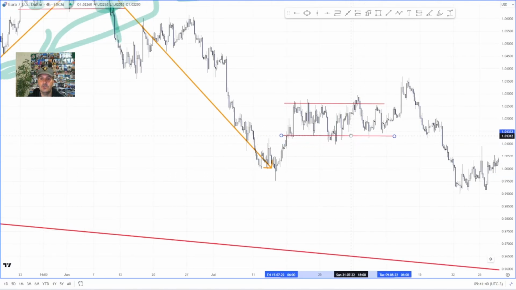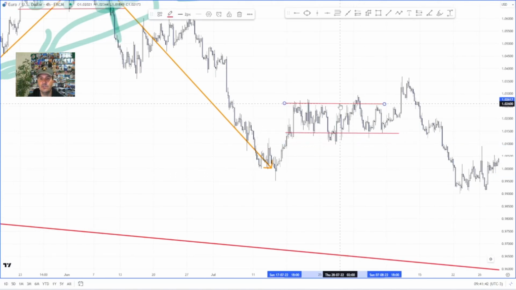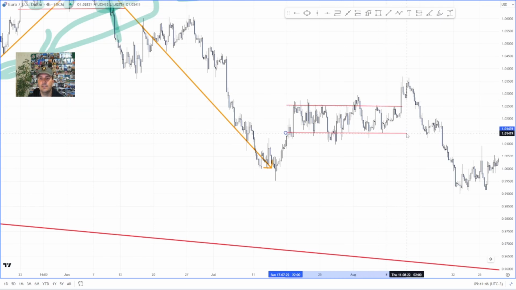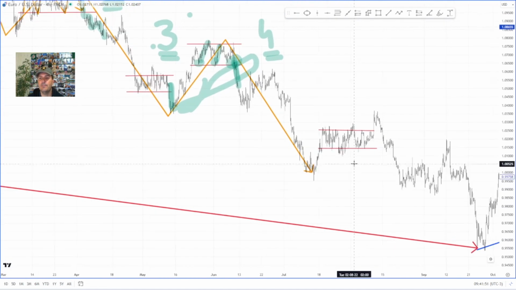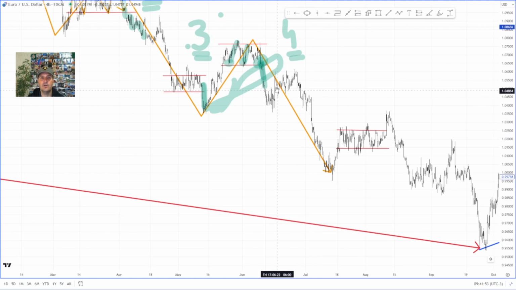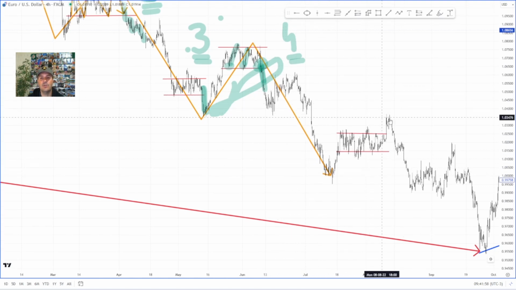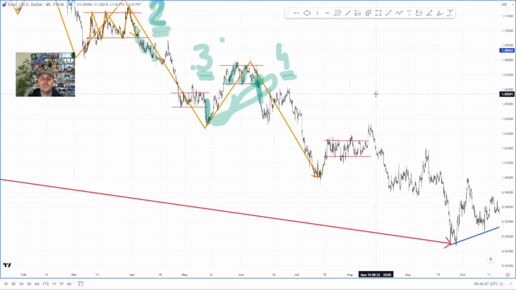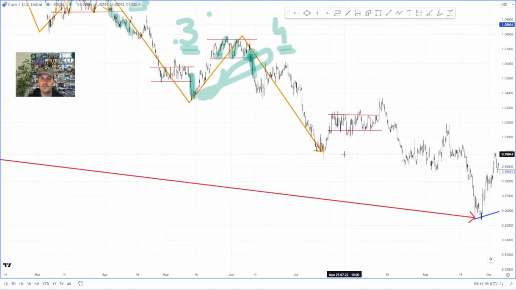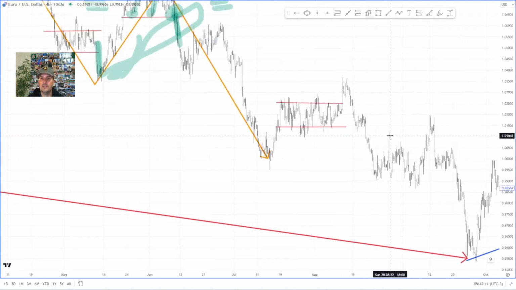Consolidation maybe in here too, something like that. Maybe, just maybe. Alright. And again, this would be an example of, oh, we are in an extension, right? And we are here, so I'm predicting the market to, the market went into a retracement, so I'm predicting the market to retrace, not to continue.